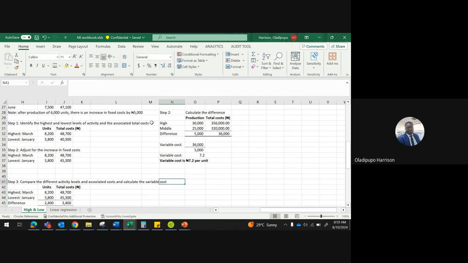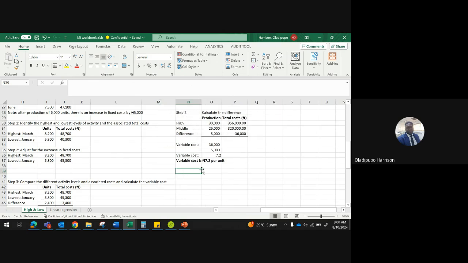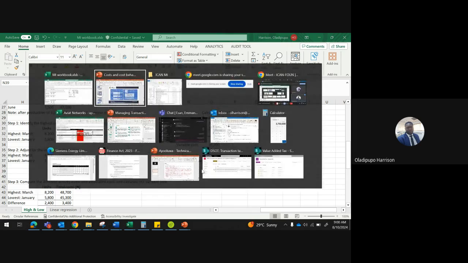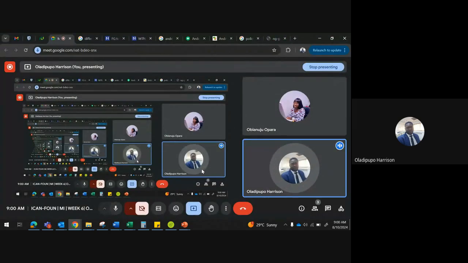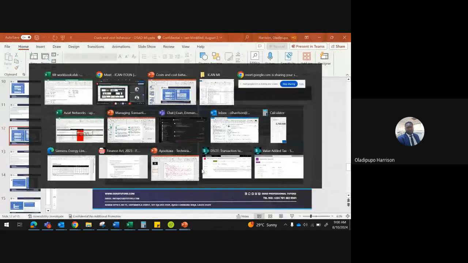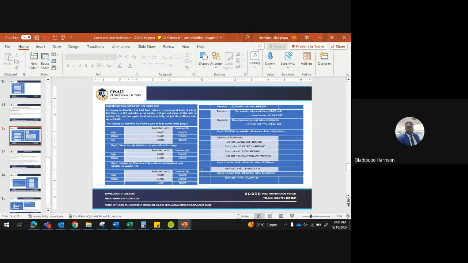And then the next thing now is to consider what if there's a reduction in variable cost? How then do we account for the reduction?